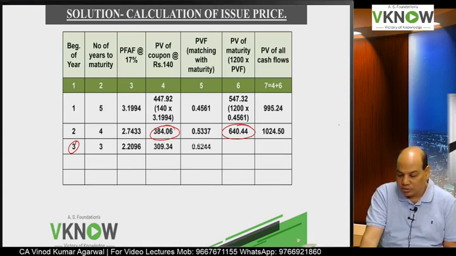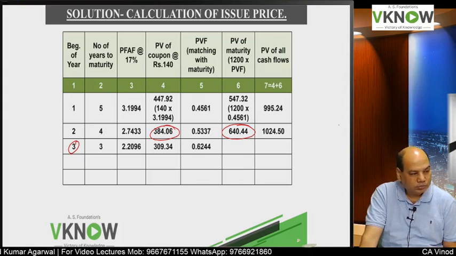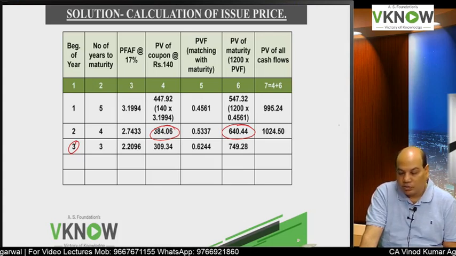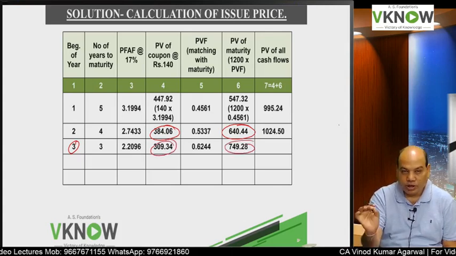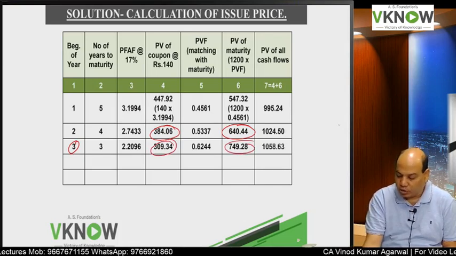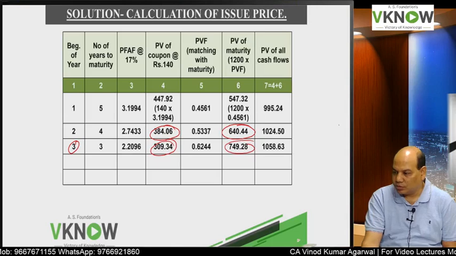Very good. 3rd year factor 0.6244, multiplied by 1200. How much? 749.28. Add these two numbers. That will give you the value of the bond at the beginning of year 3: 1058.63.